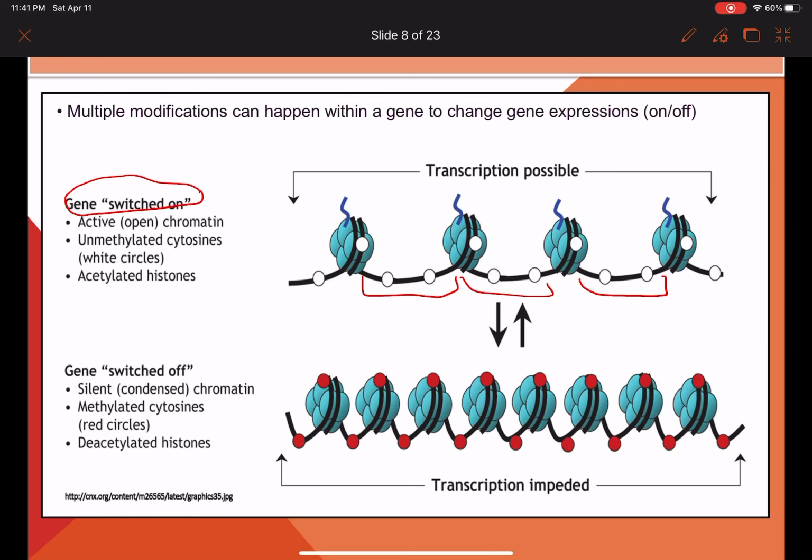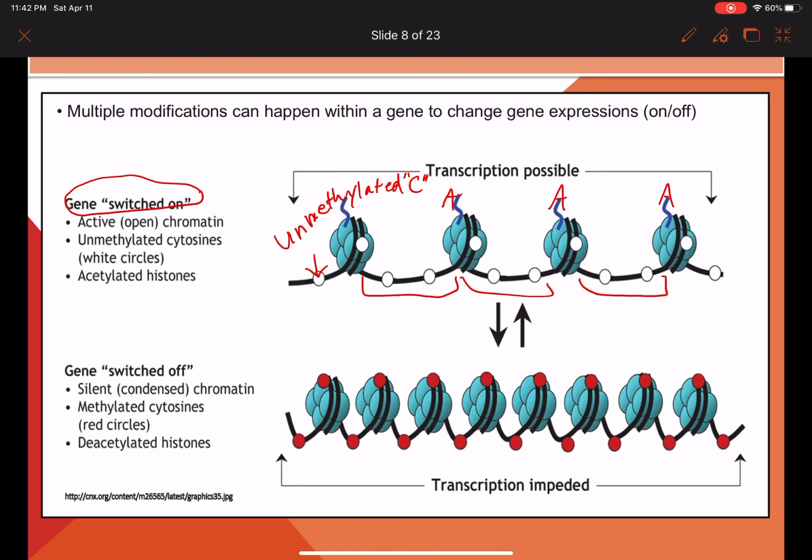So these open circles represent unmethylated C's, or your cytosine, and then you also have acetylation of the histone itself. So these histone tails have been acetylated, which really destabilizes that chromatin structure to open up these areas for gene activation. So a combination of no methylation on the DNA and acetylated histones can come into play to turn a gene on.